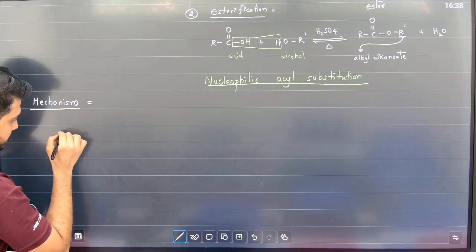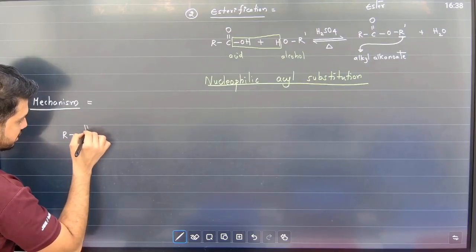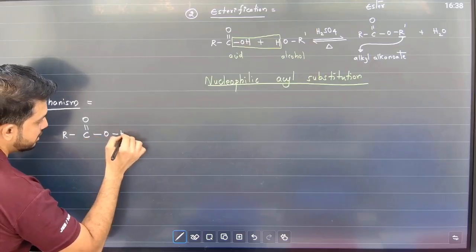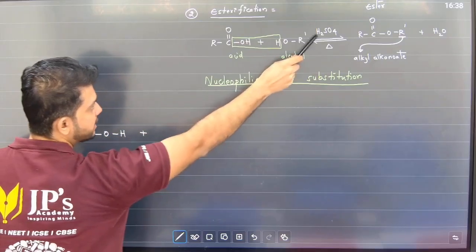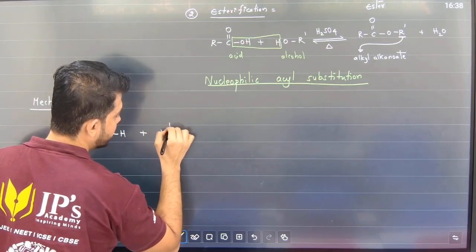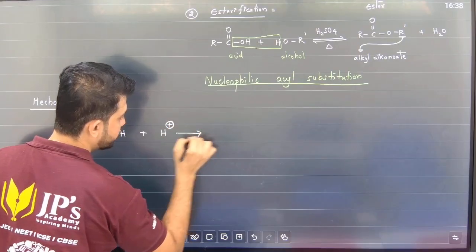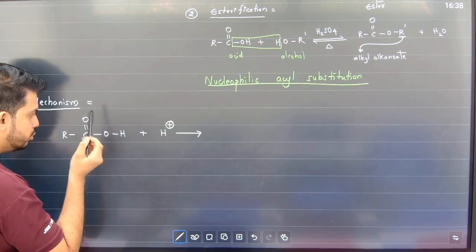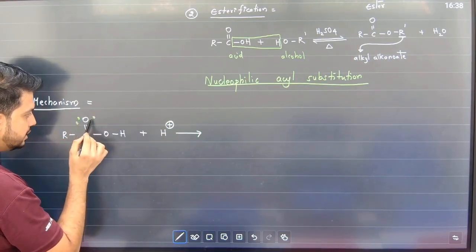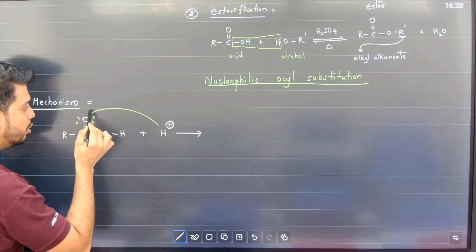Now, in step 1, the H plus that we get from our catalyst protonates the carbonyl oxygen.